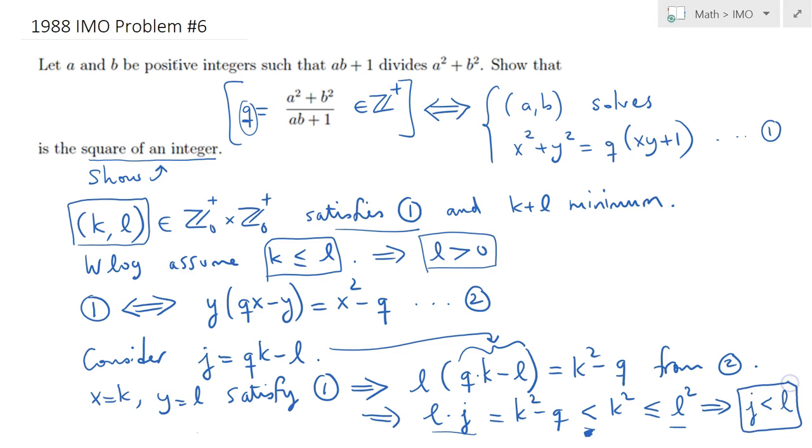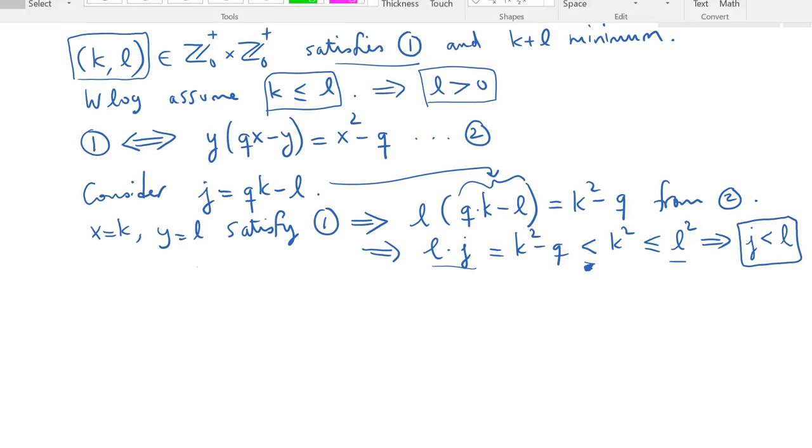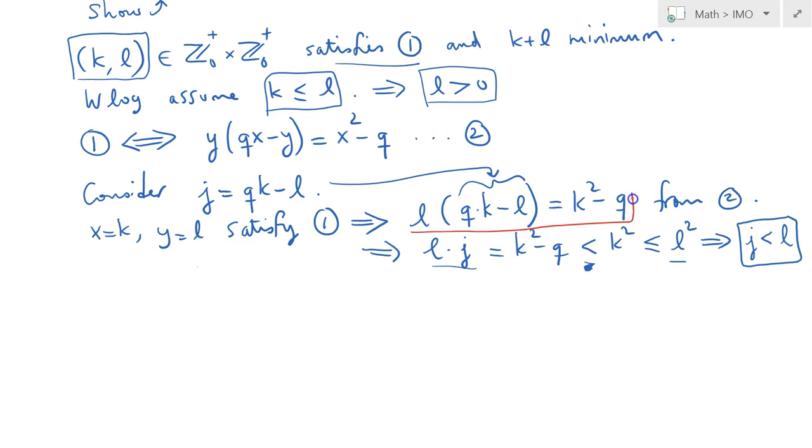That's crucial. Now, please have a look at the following expression. Consider this line here. In this line, let us replace l. From the definition, l is simply equal to qk minus j.